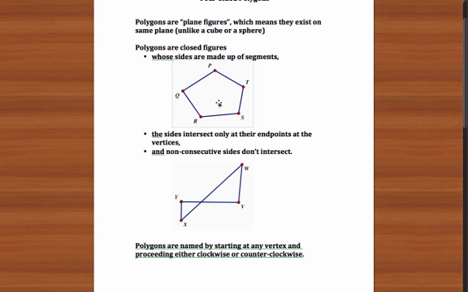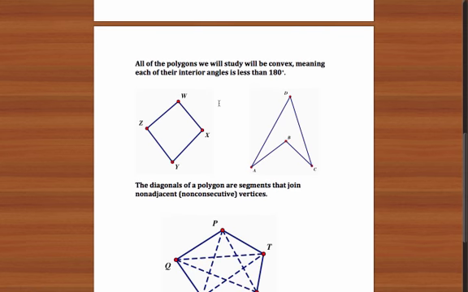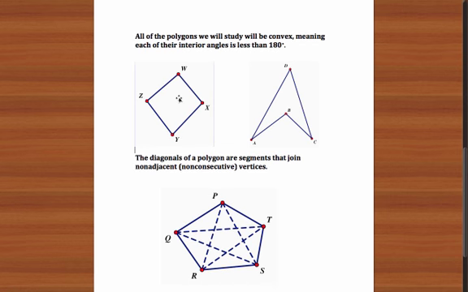Okay, all of the polygons that we will study in this book will be convex, meaning that each of their interior angles is less than 180. This polygon on the left side is convex. Each of the interior angles at W, X, Y, and Z appear to be less than a straight line, so they're less than 180.